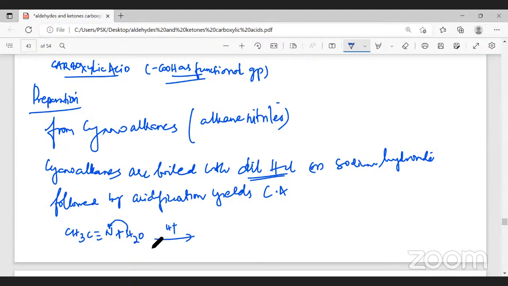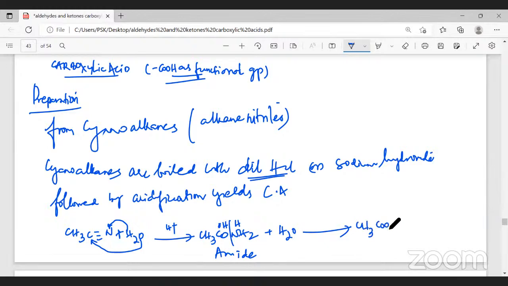Hydrogen attacks nitrogen and oxygen attacks carbon, therefore you get CH3CONH2, an amide. When you acidify or further hydrolyze this amide, water, H and OH, reacts, so you get a carboxylic acid, CH3COOH, plus a byproduct.